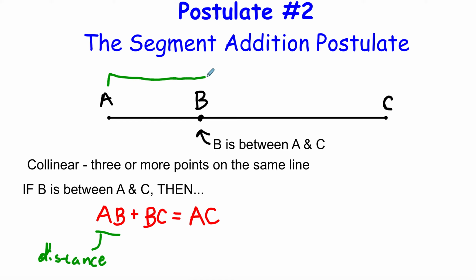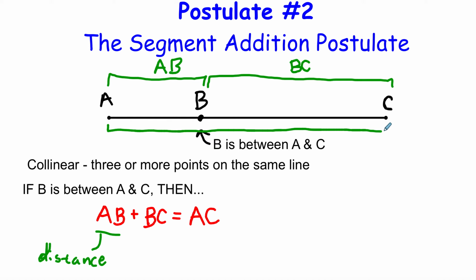This distance, which we call AB, plus this distance, which we call BC, equals the entire line segment, which we will call AC.